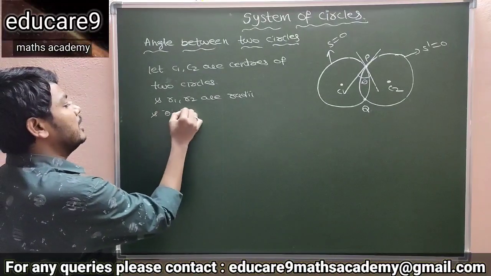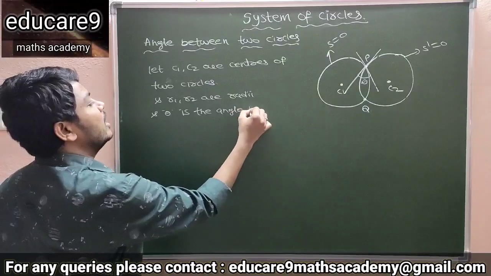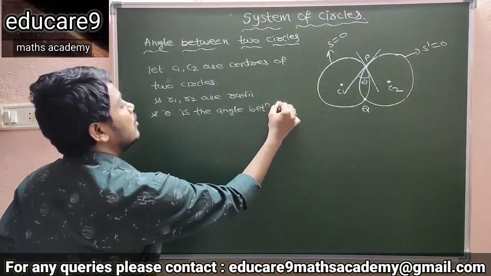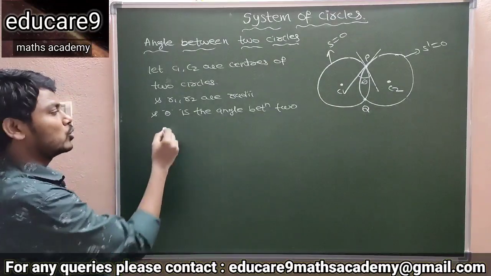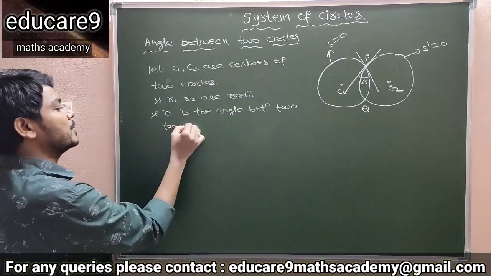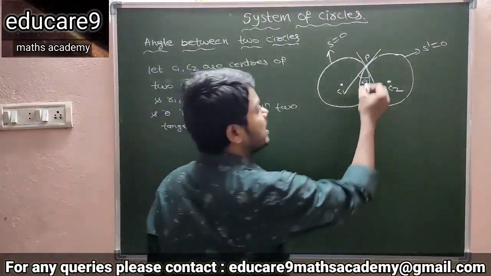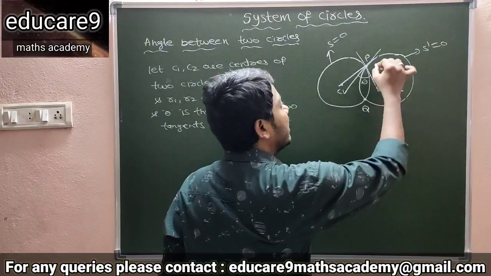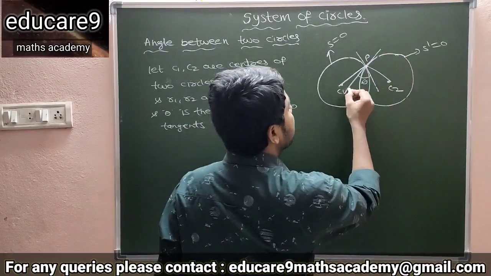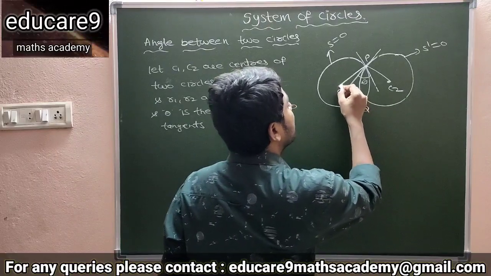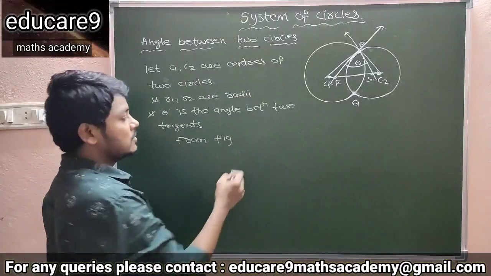And theta is the angle between two circles or two tangents. Okay. So here join PC1 and PC2. Again join C1 C2.